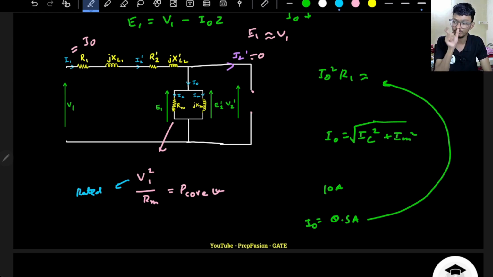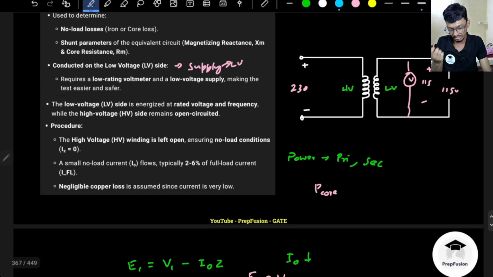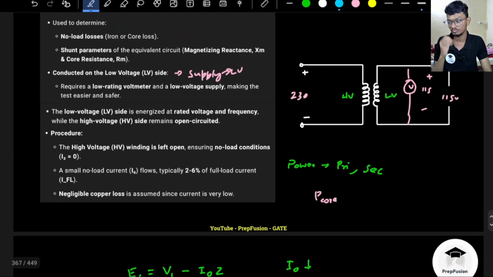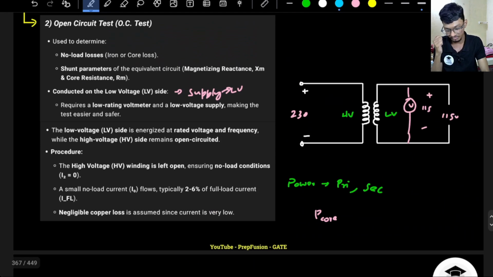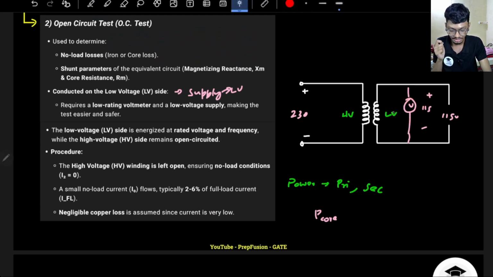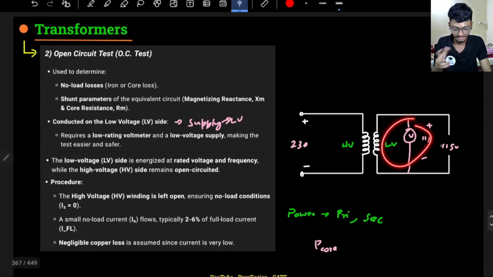So I will choose the option in which I have to apply the lowest voltage. Of course I have to apply rated voltage, but in which option is it lowest? The LV side. Got it? So we keep the high voltage side open.